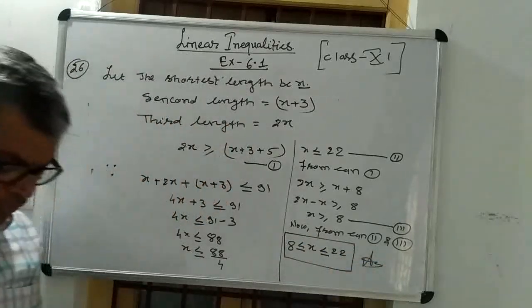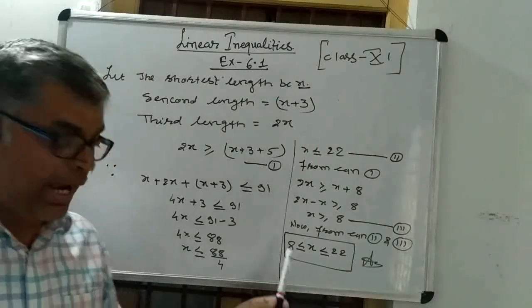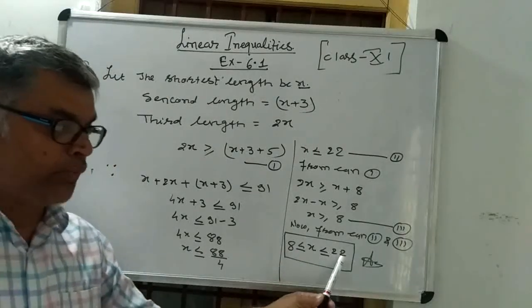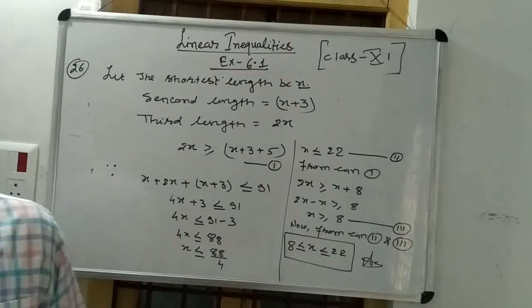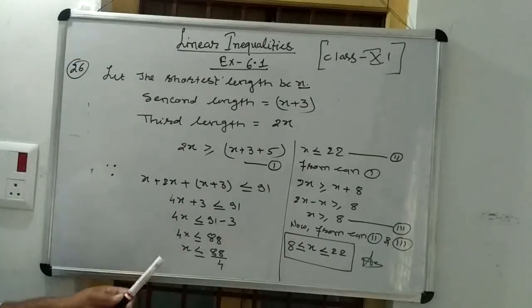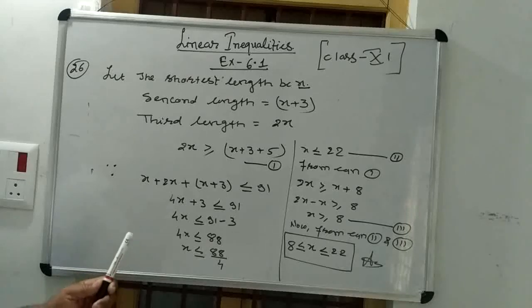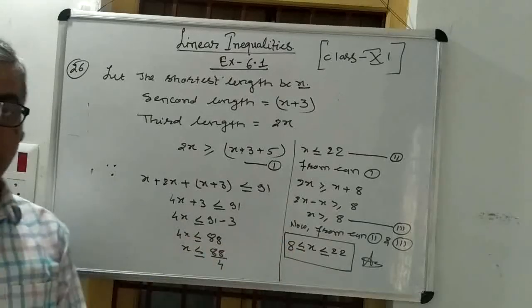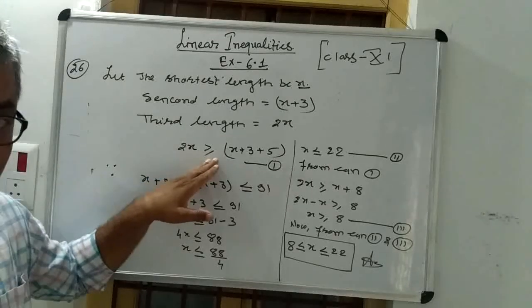The value of x will start from 8 and go up to 22. Any value between 8 and 22, including 8 and 22, is a solution of this inequality. So this is your required answer, because you have to satisfy this condition also.